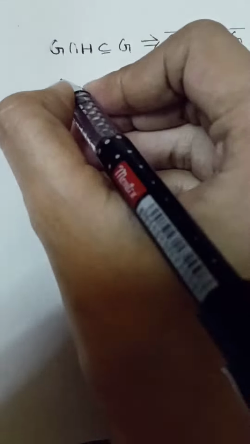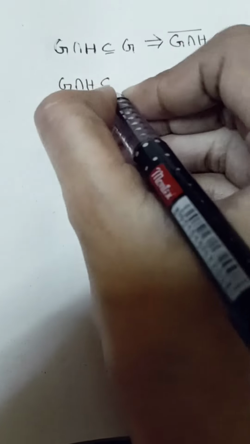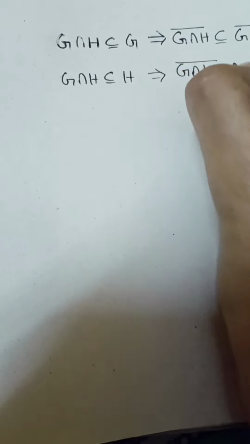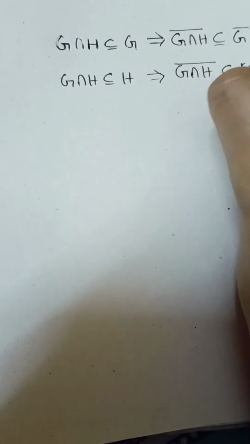Also, G intersection H is a subset of H, which implies that the closure of G intersection H is a subset of H bar.